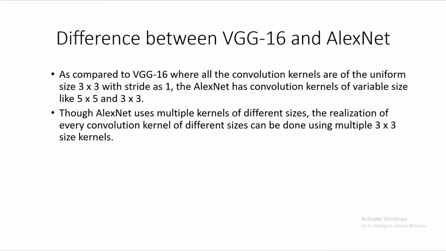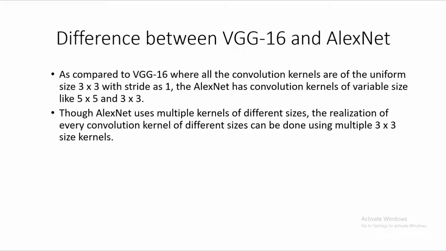As compared to AlexNet, in VGG16 all the convolution kernels are of uniform size with a stride of 1, whereas AlexNet has convolution kernels of variable size, like 5 by 5, 3 by 3 and even 11 by 11.